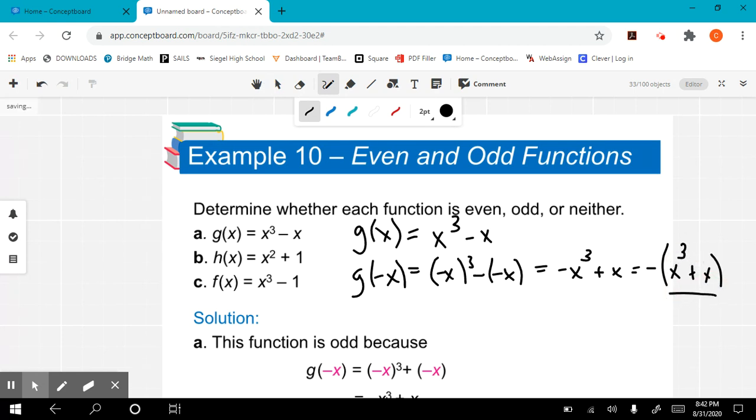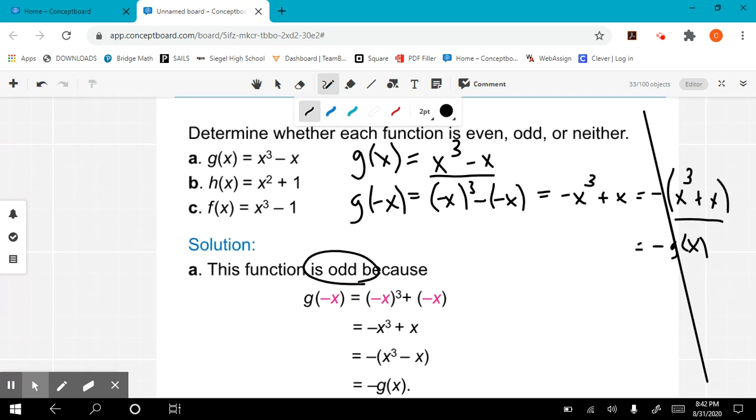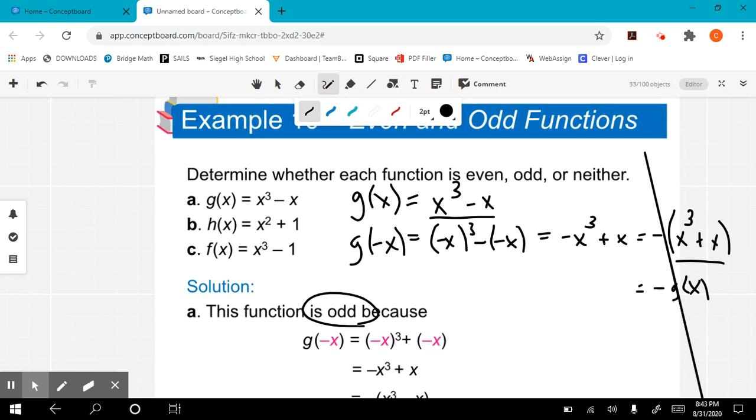Now notice, x cubed plus x is g of x, so this is essentially negative of g of x. And if it is the opposite of g of x, when I plug in negative x, it is odd. So this one is odd. All right. So that's sort of how you do it. If you plug it in, simplify it, and then if you can factor that negative out front and you're left with what g of x originally was, then that is an odd function.